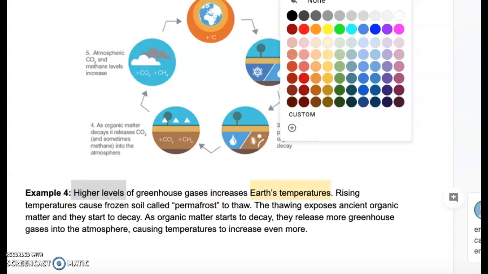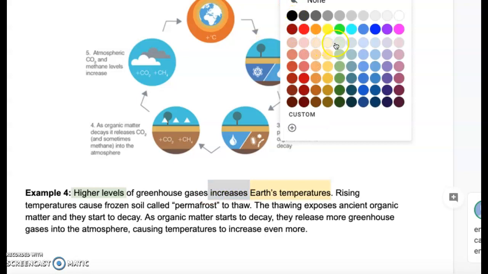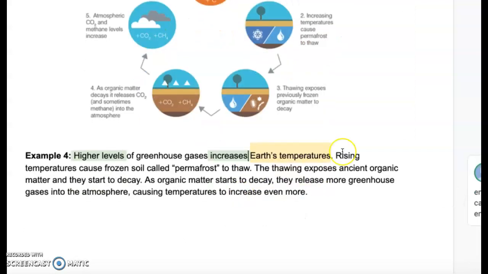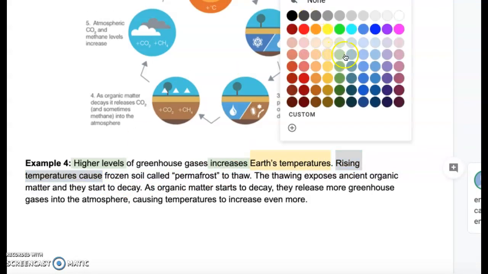But I am going to go back and highlight the key terms that helped me realize, oh, this is definitely a positive feedback loop. So I see higher levels increase the temperature, right? So that's a cause and effect. Everything is causing each other to go higher. Rising temperatures cause this to happen.